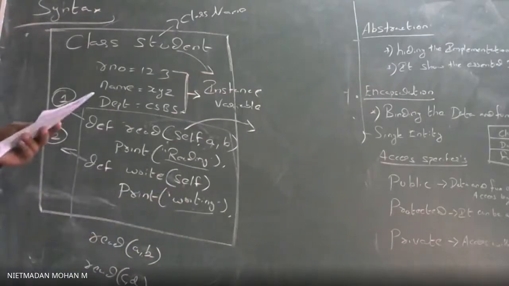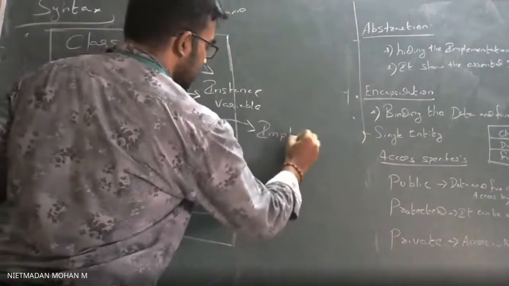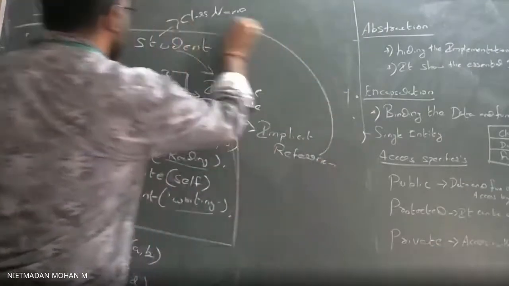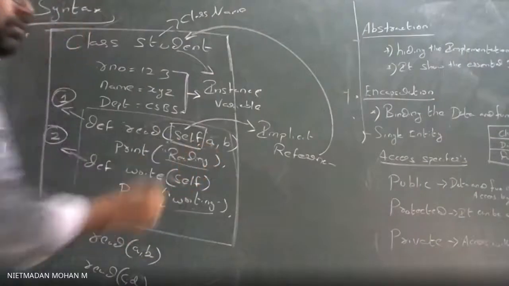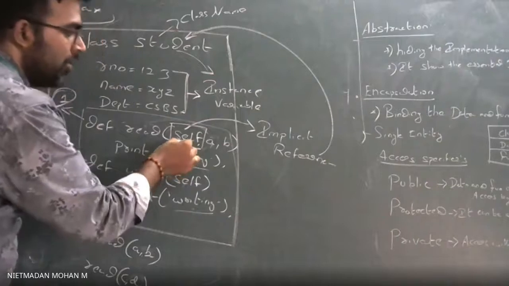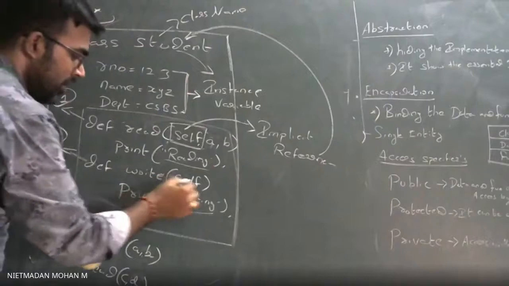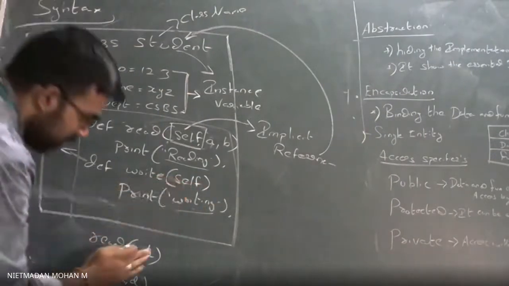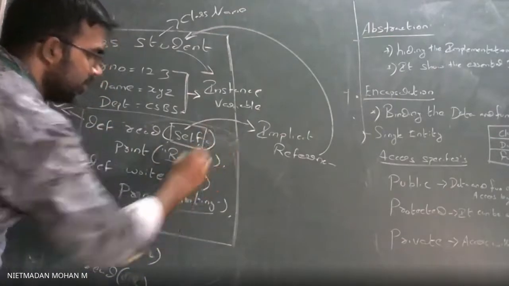The self is the implicit reference of the particular class. So you want to use this self keyword in all the programs. If you are using a function, first you want to use this self keyword. So for all functions you start the arguments with the self keyword. If you are not passing any arguments here, then only the self keyword will remain.